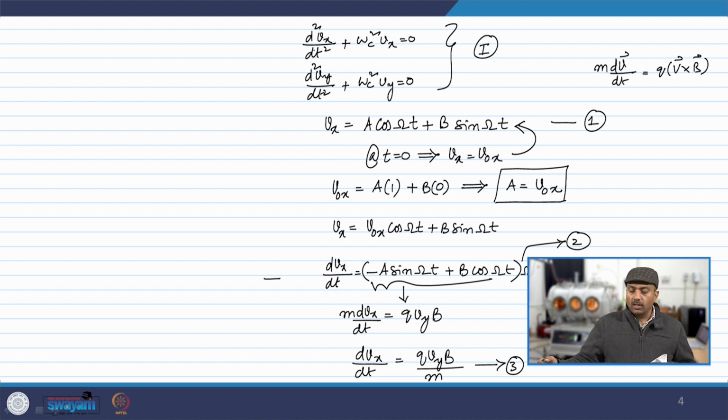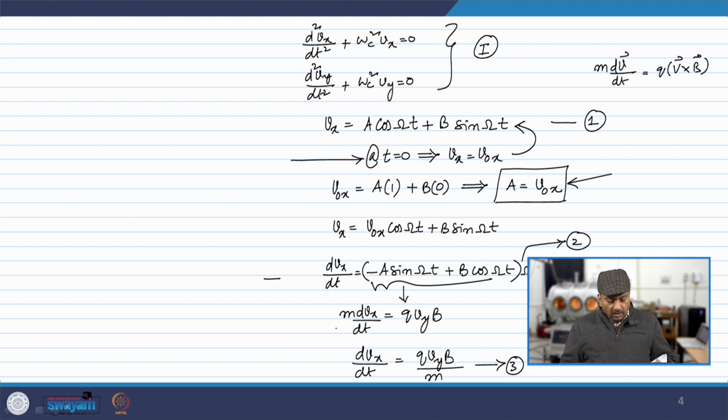I do not know these values, so I supplied an initial condition: at t equal to 0, the velocity along x is the initial velocity v0x. That gave me the value of one constant out of the two, and then I took a derivative of this velocity and compared it with the equation of motion m dVx by dt, right.